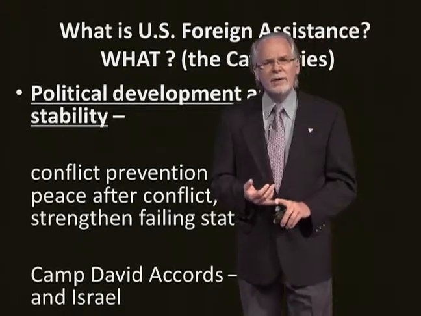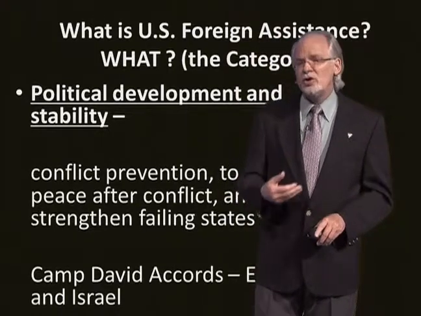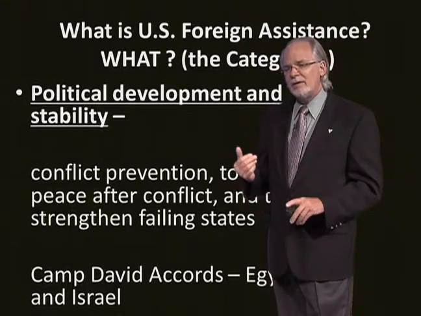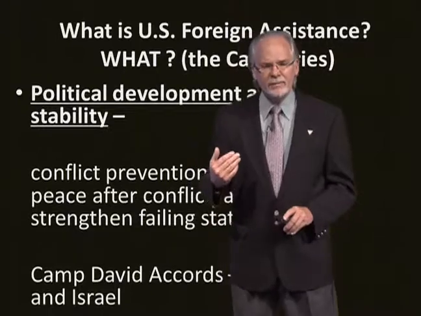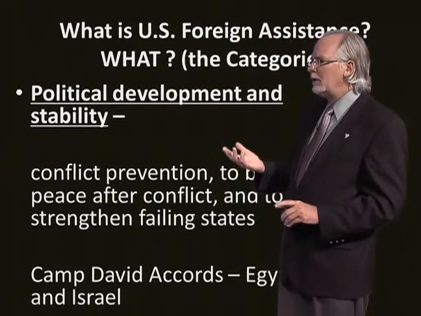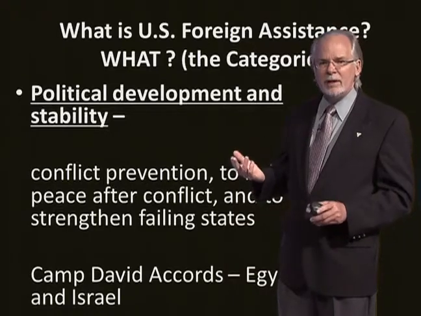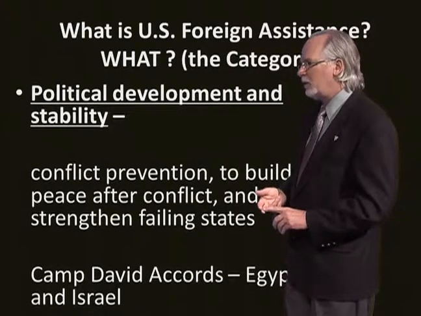There was a lot of food aid provided through various food aid programs of the U.S. government to Egypt, much of it in response or as a significant support level to recognize that Egypt had been very, very cooperative in working with Israel to reach the Camp David Accords.